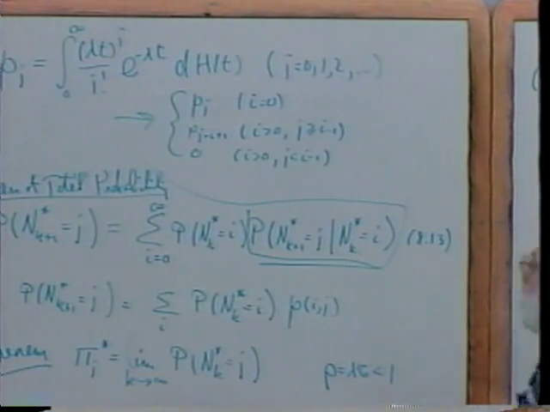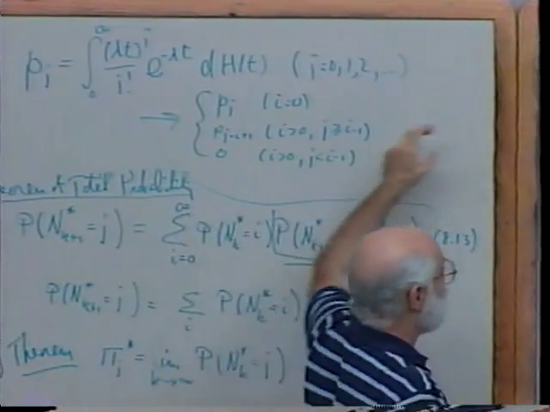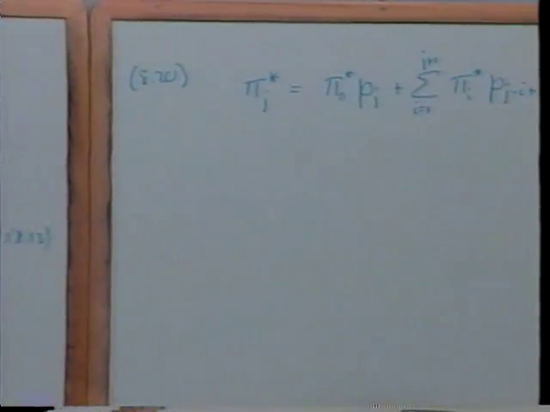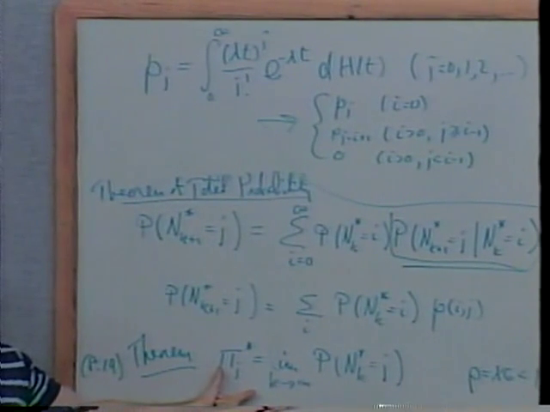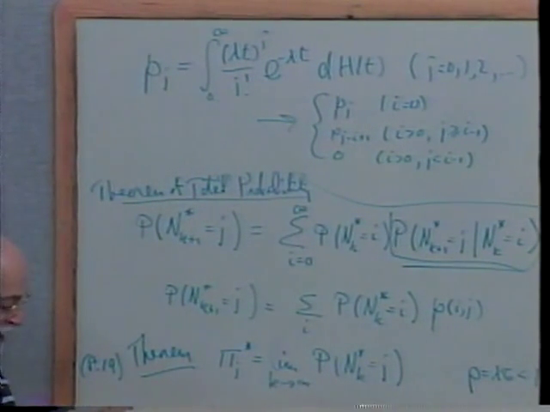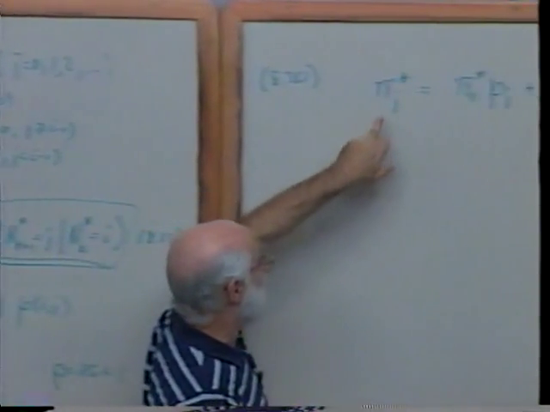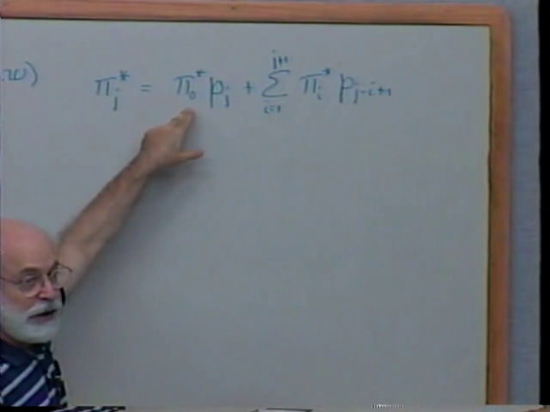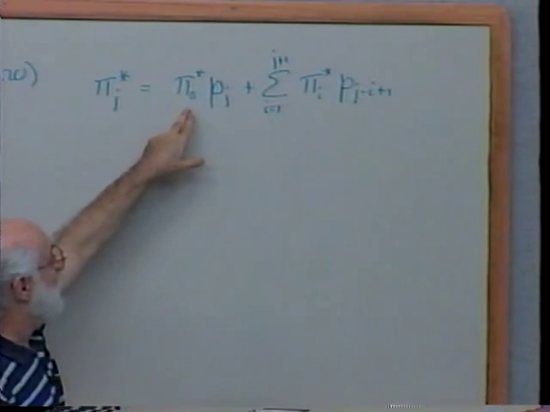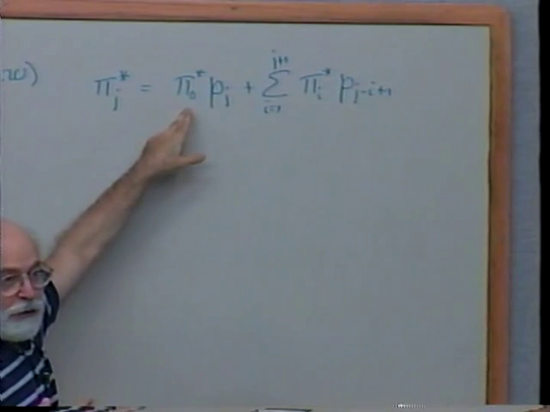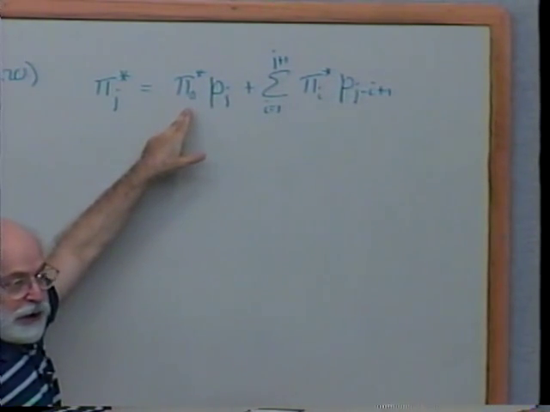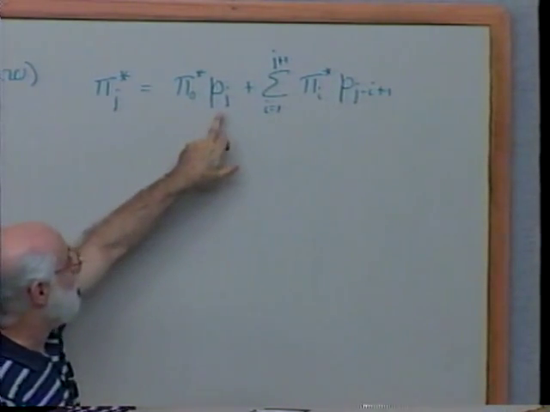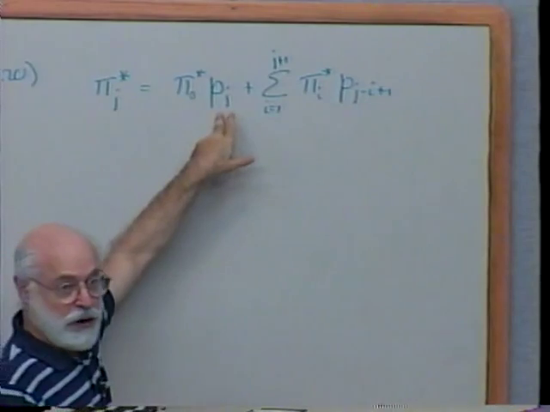So the theorem of total probability reduces to this, if I'm willing to assume the existence and uniqueness of the equilibrium solution. The probability that a departing customer leaves behind j is the probability that the previous customer left the system empty, which means the next arrival finds the system empty, and so when he departs he will leave behind j if during his service time exactly j new customers arrive.